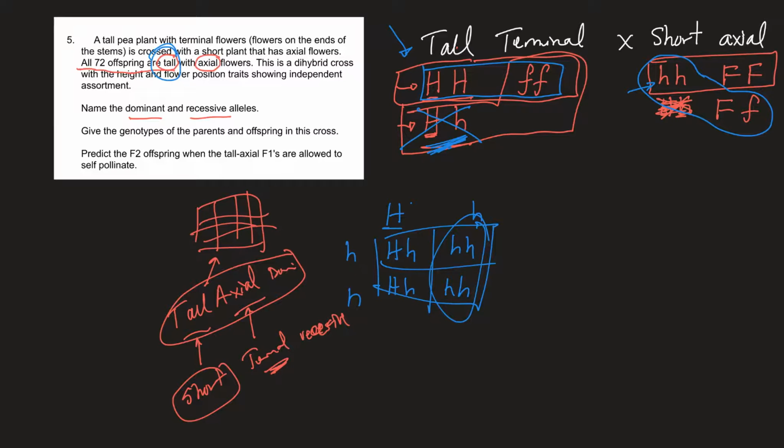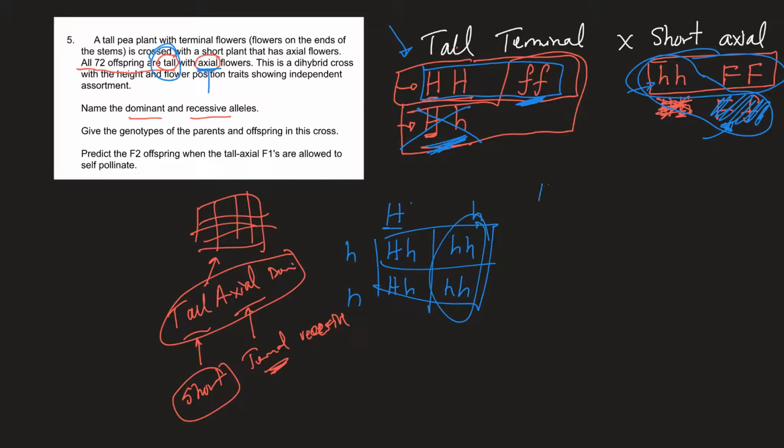Okay? And now, following the same logic, if they say all the plants have axial flowers, I can't have this heterozygote for flowers, because if it crosses with a recessive there, then you'll get the odd terminal flower. And they said all of them have axial flowers. So I can't use this heterozygote thing. I'd have to use this one.